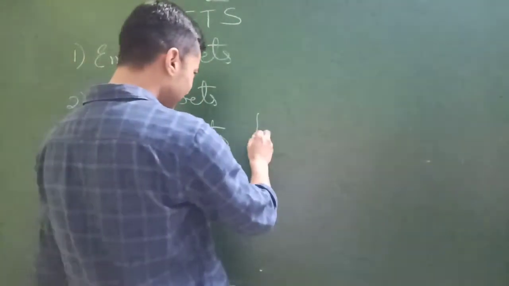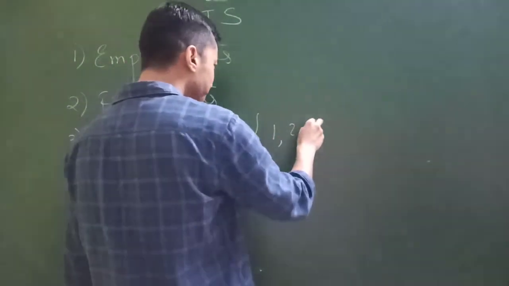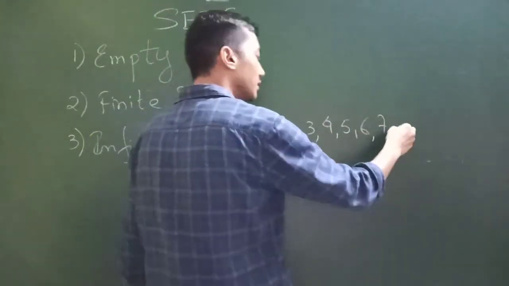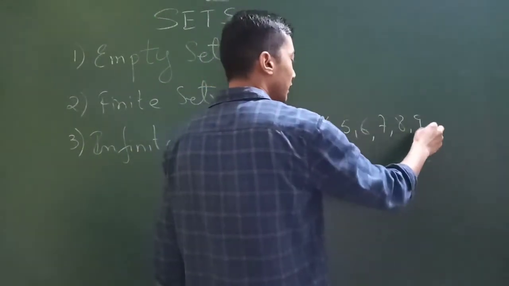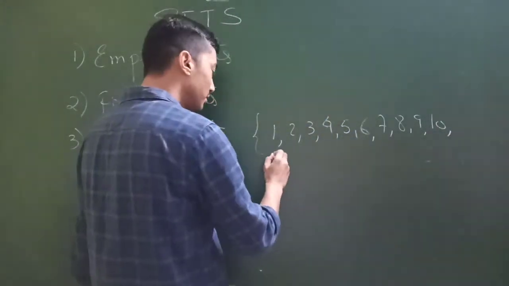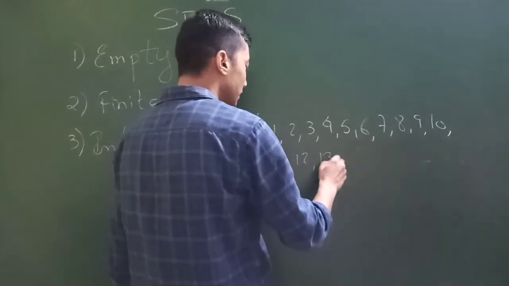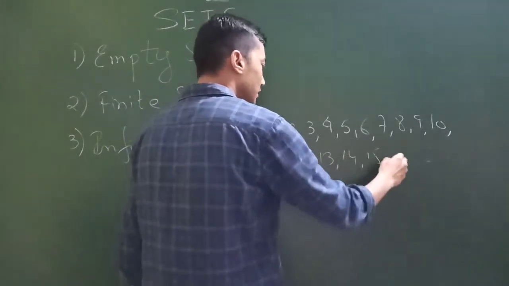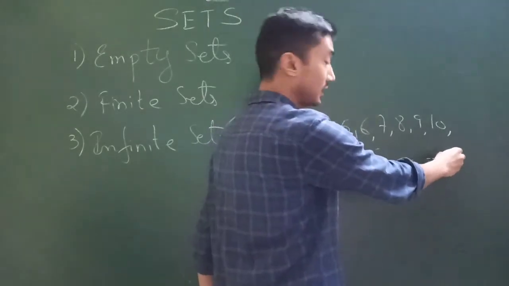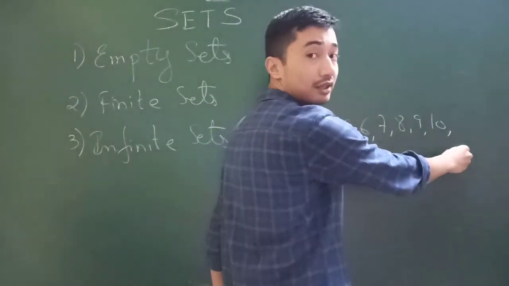You start. That's not very difficult. 1, 2, 3, 4, 5, 6, 7. So where to stop? 8, 9, 10. I just told you to write down the set of natural numbers, so please tell me to stop. 11, 12, 13, 14, 15. So please tell me where do I stop? I cannot stop, isn't it? Unless I tell you to stop there.